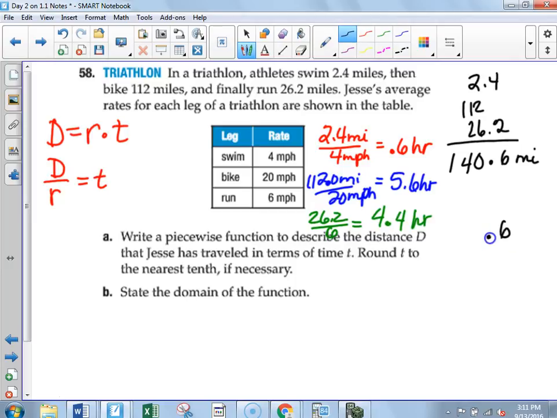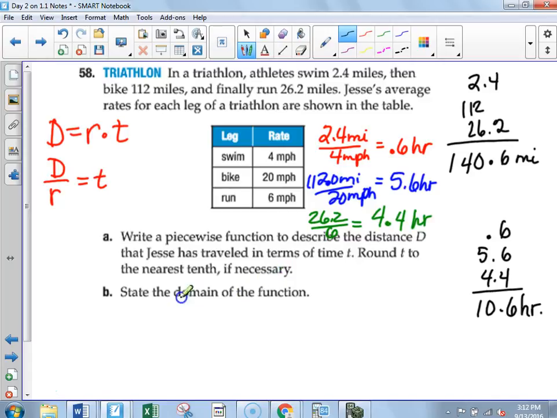We have 0.6, 5.6, and 4.4. Isn't it 10.6? Yeah, I'm with you. They really do this, the Ironman triathlon, and they probably run them other places too, but I knew they do one in Hawaii. If I had to go 26.2 miles, it would take a lot longer than 4 hours.